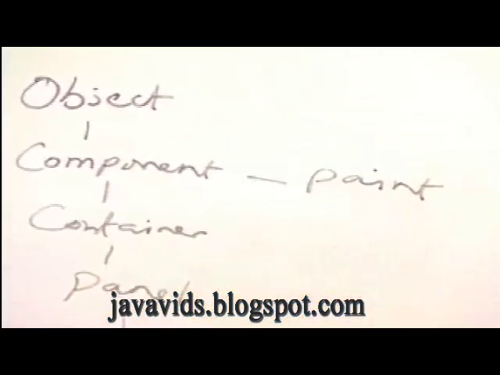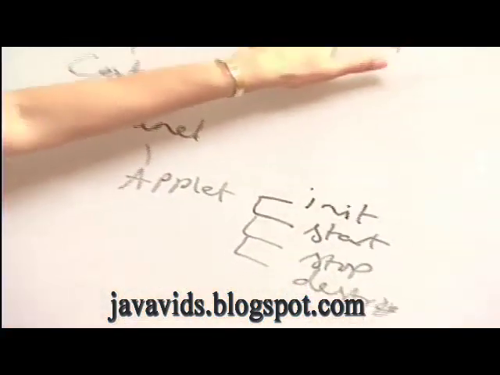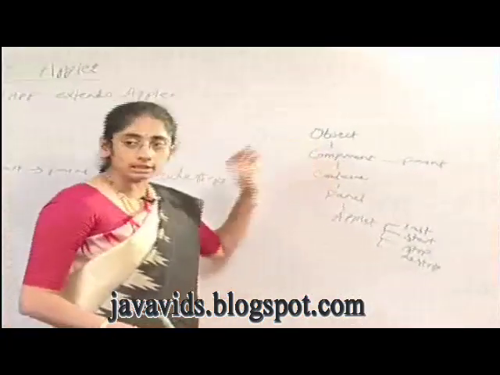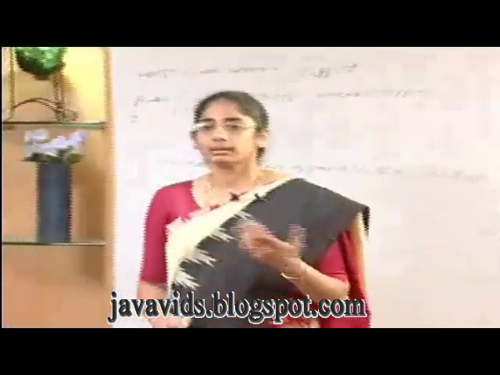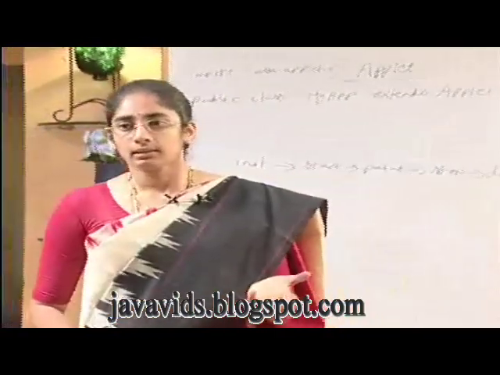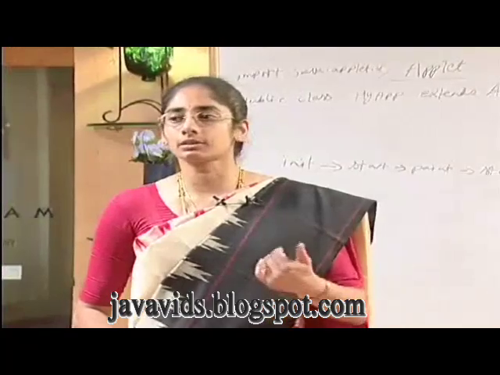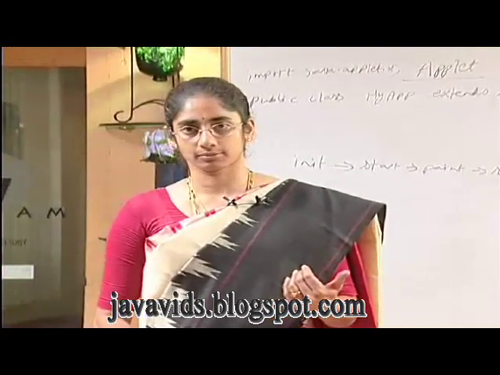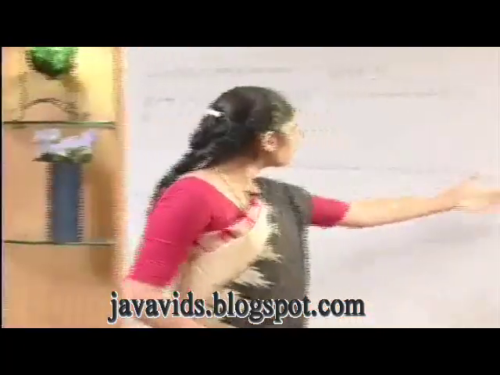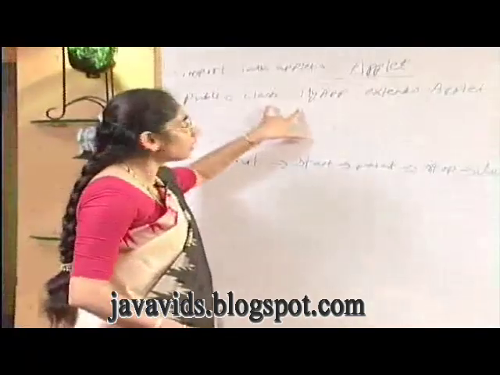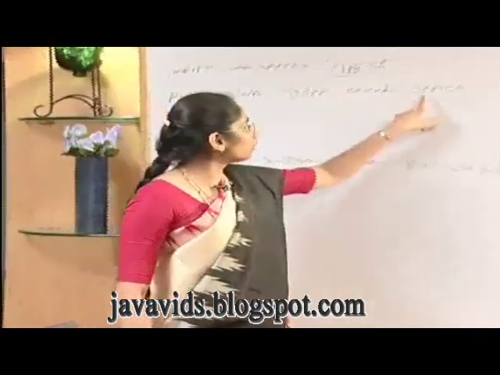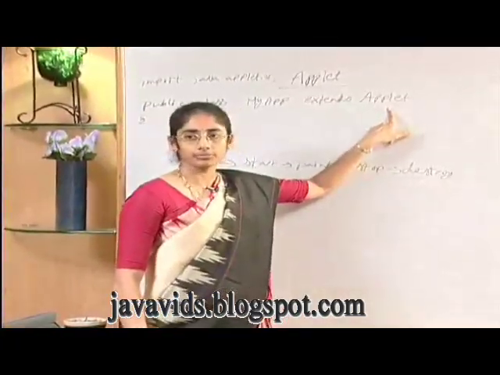Now all these methods are instance methods of their associated class, which means they're all methods which have to be accessed using an object of the class. So all these methods we are inheriting onto our applet class when we derive from class applet.